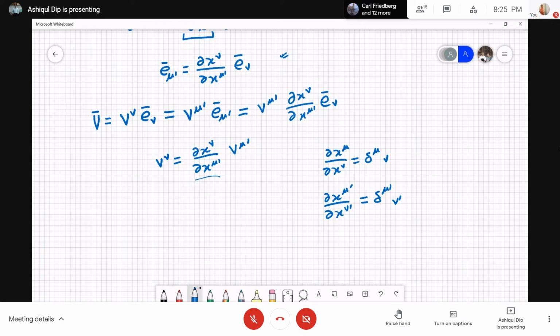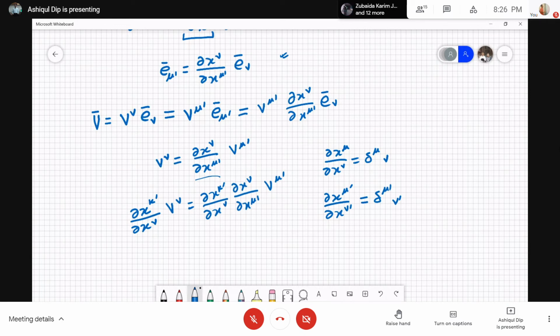Then we are going to multiply the whole thing, multiply delta x kappa prime by delta x nu, v nu, equals delta x kappa prime by delta x nu, by delta x nu by delta x mu prime, v mu prime. Is that clear?